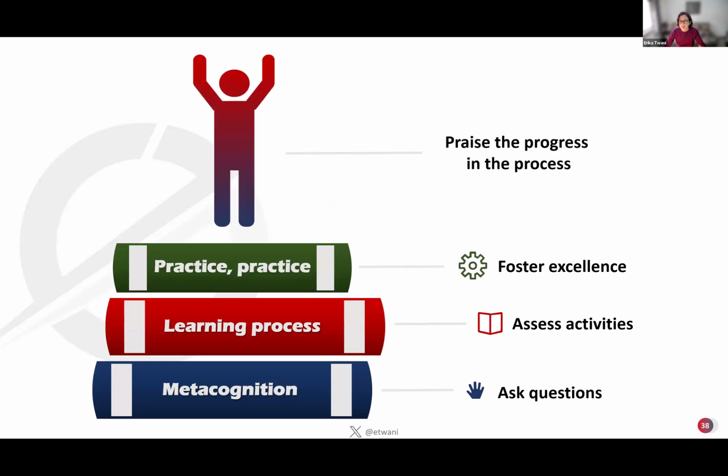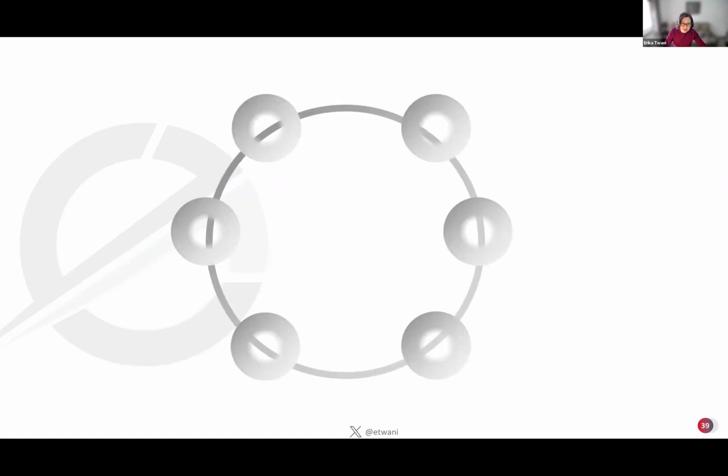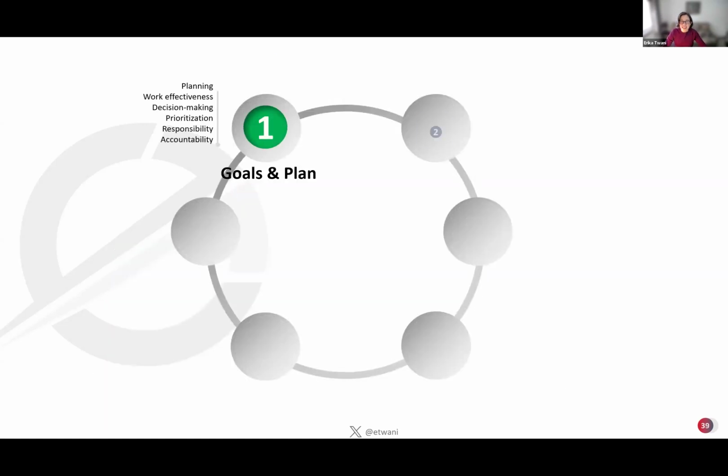And finally, this is very important, we praise the progress in the process, not "you're so intelligent, John. Congratulations," because that's the key for John to give up on putting any effort next time. So you've got to make sure that we praise the progress in the process. Which is the process? It's the process in each of the steps.